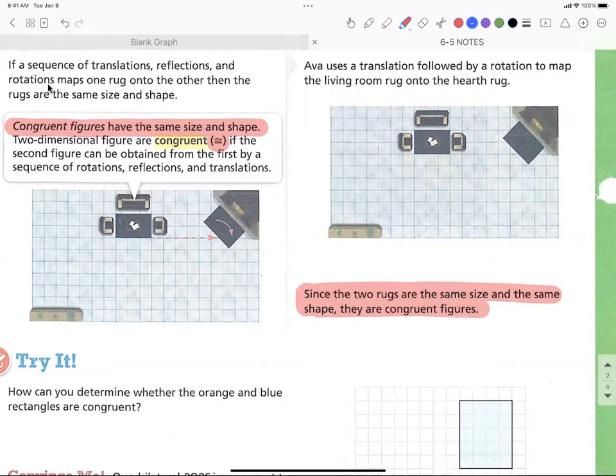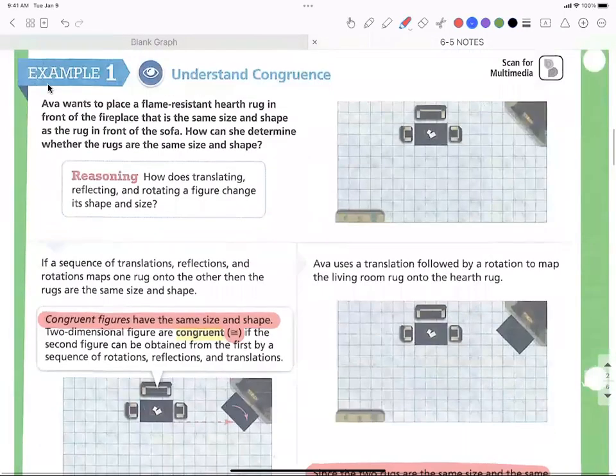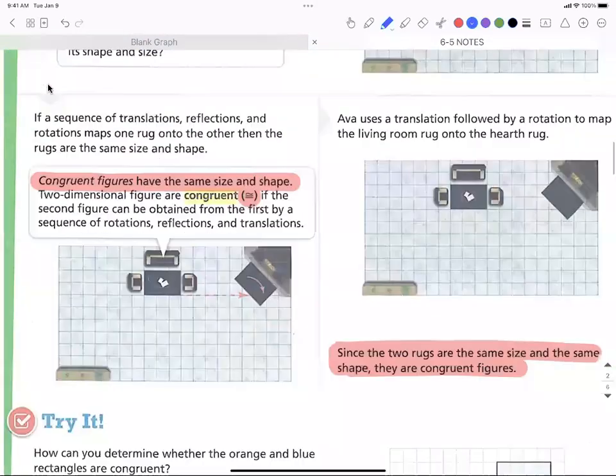And so we're kind of back to this architect photo that we've been working with pretty much all of topic 6 so far. And the homeowner decides that they want a rug identical to the one in front of the couch over by the fireplace. And so to ensure that it's the exact same size and shape, they want to use a sequence of transformations. And so that's what they've done here.